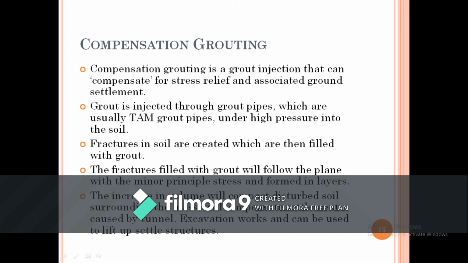As a result, the strength is increased. Not only that, the grout material will create a bond with the existing soil mass and enhance the properties of bearing capacity, settlement and compaction. So overall there will be an increase in strength of the soil. That is what is happening in compensation grouting.